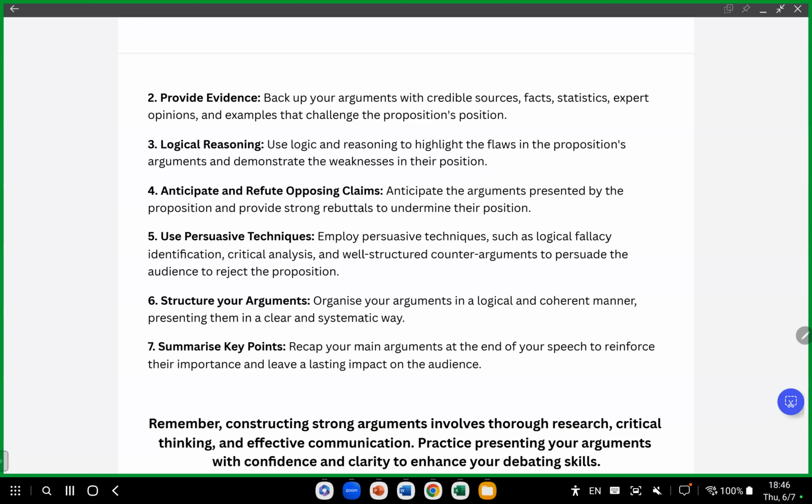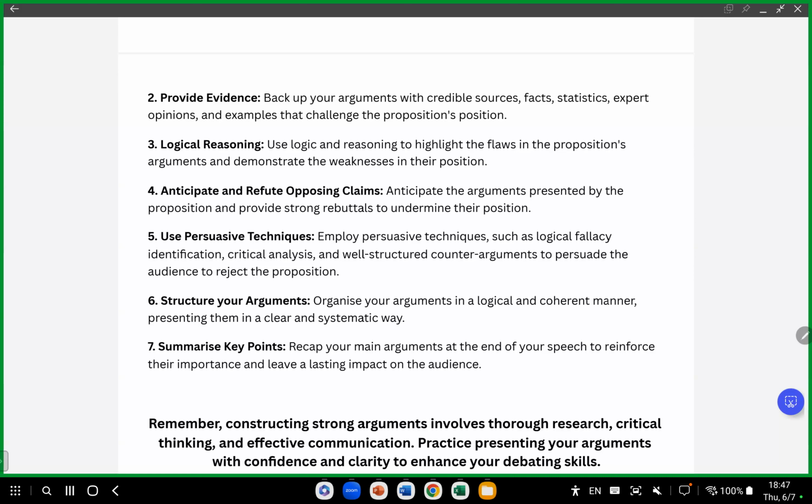So it's going to make it difficult for the proposition to make people believe. You need to use logical reasoning, except you need to use logic and reasoning to highlight the things that are wrong in the proposition's arguments, and you need to find the weakness in their arguments.